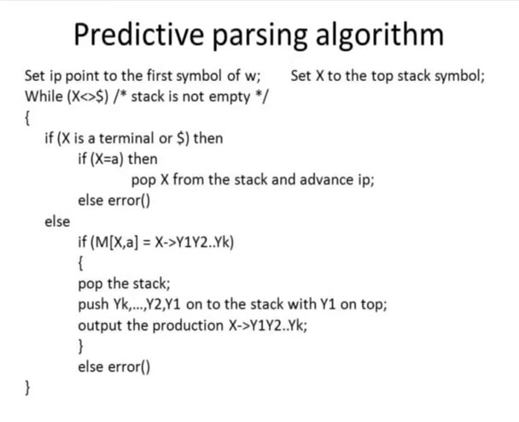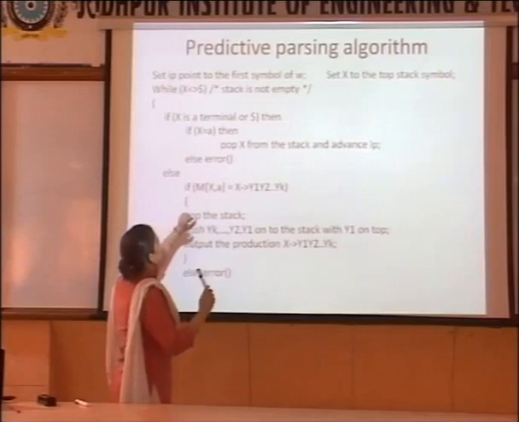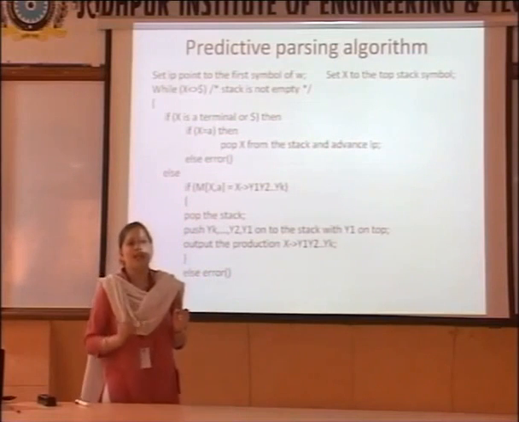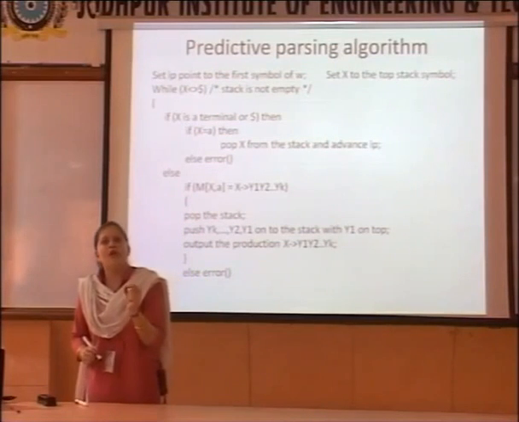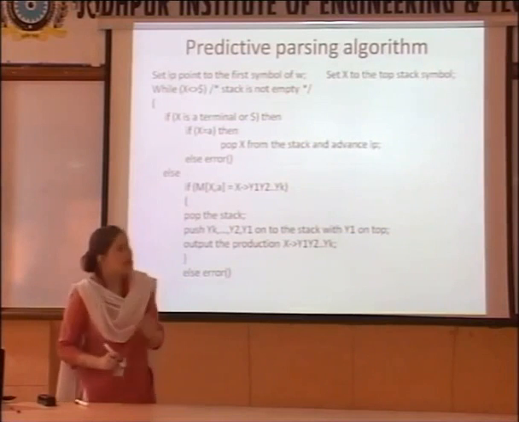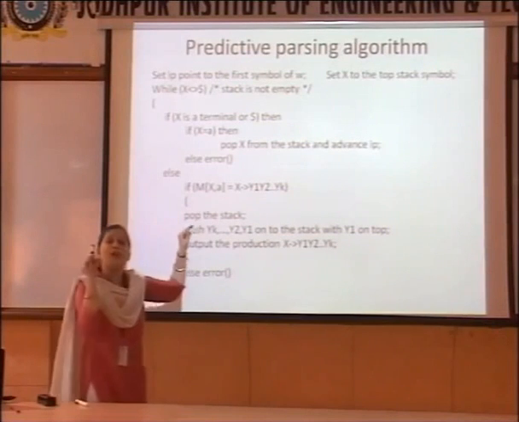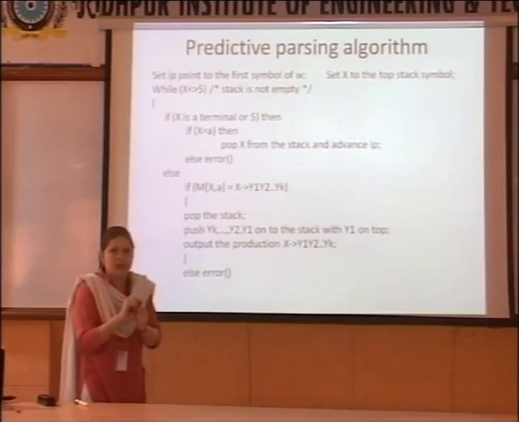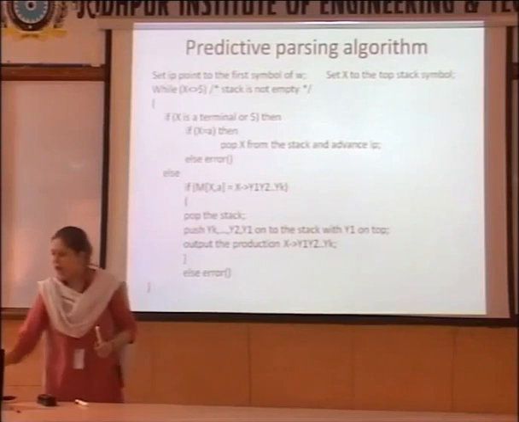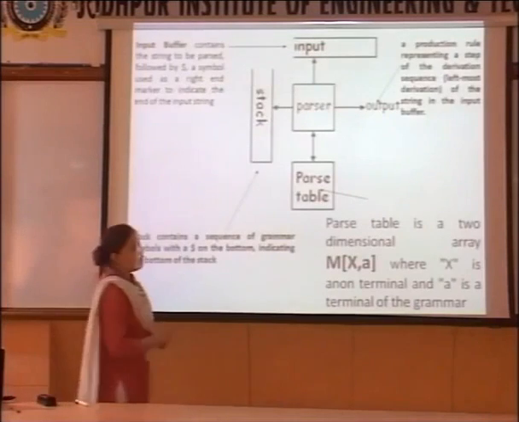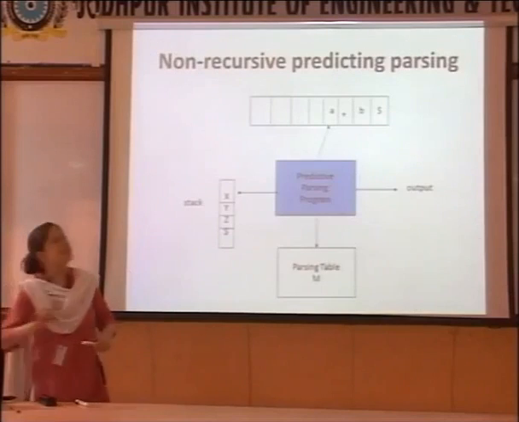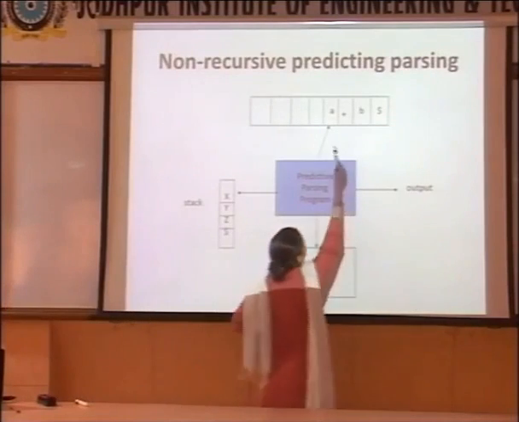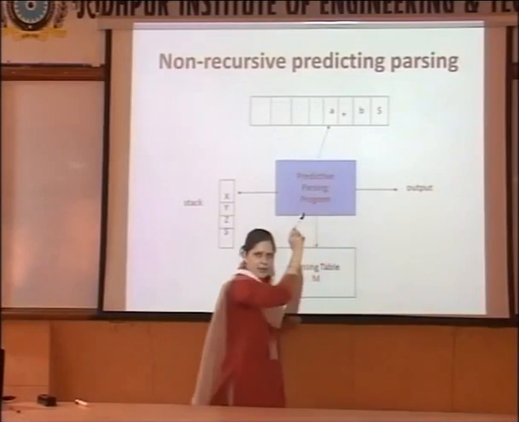Now let's see the logic of how this predictive parsing program actually works. We have maintained an input pointer for the given input string. This input pointer will point to the very first symbol of the given input string. As we can see, initially this input pointer will point to the A symbol.